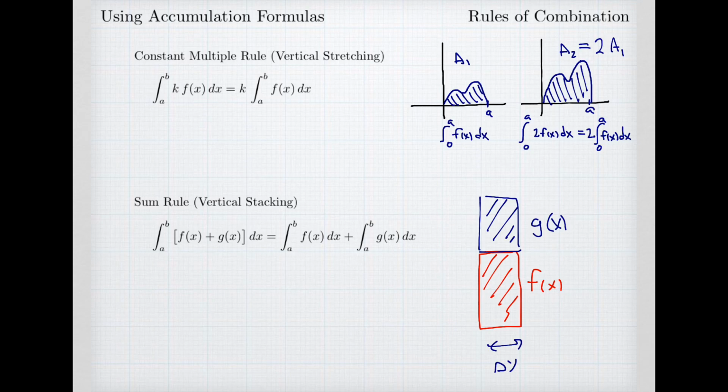So let's call this delta x. The total is going to be f of x times its width plus g of x times its width. And when I do this for functions instead of constants, I'll have integrals instead of these individual terms. So this is the rule that we'll use. We'll think of either stretching my function or adding functions.